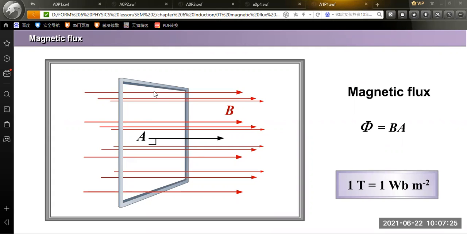So A must be the cross-sectional area, yeah, it cannot be area only. So what is magnetic flux? Magnetic flux is the magnetic field lines. So magnetic flux is equal to BA, where the SI unit will be Tesla or Weber per meter squared.